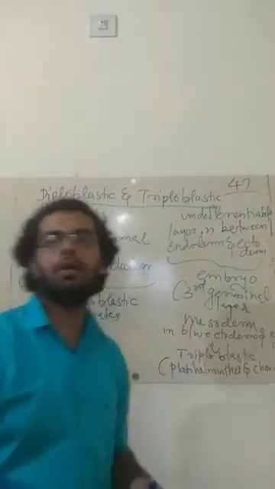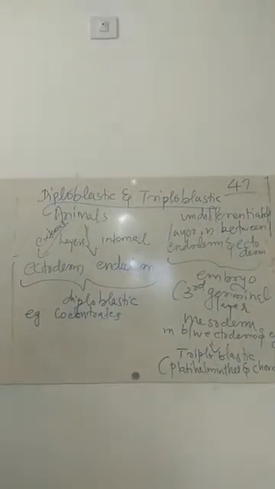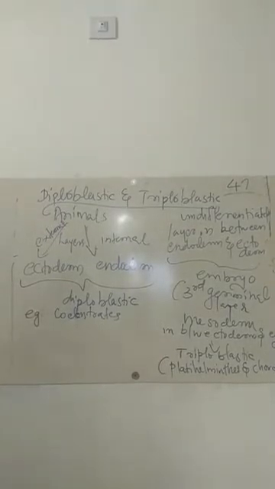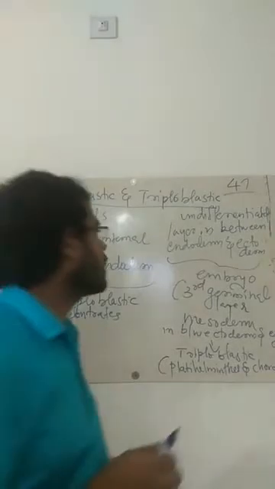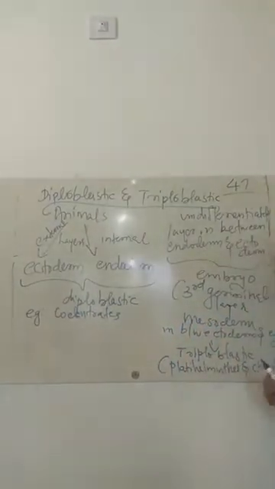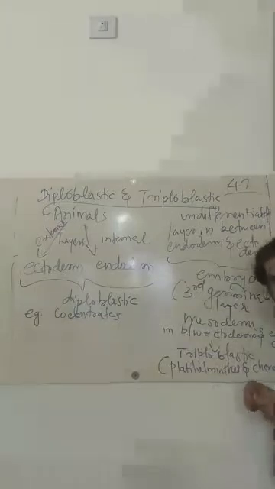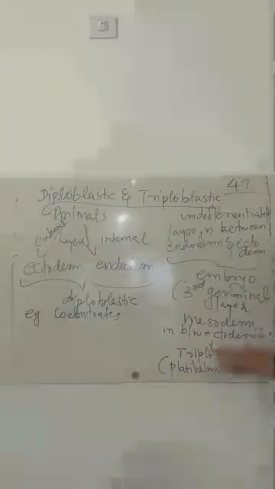So what have we said? Animals in which the cells are arranged in two embryonic layers, an external ectoderm and an internal endoderm, are called diploblastic animals.